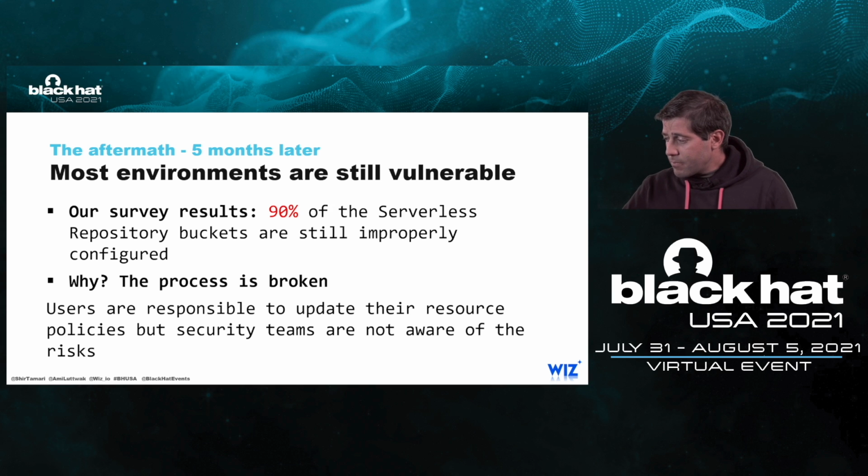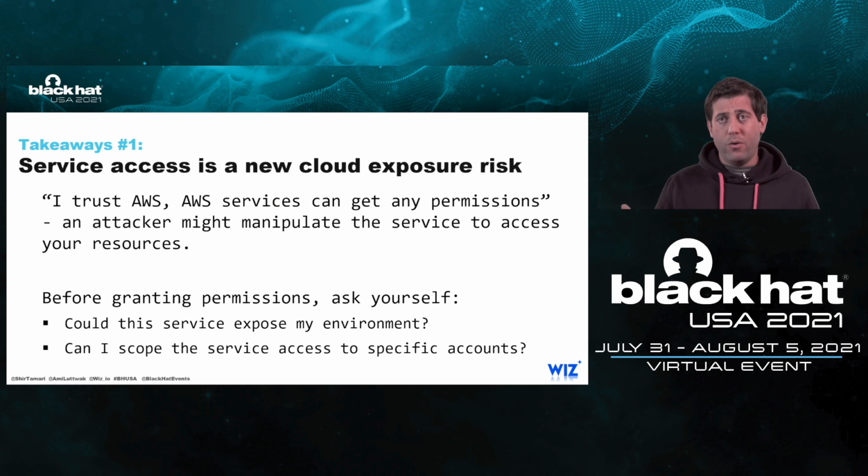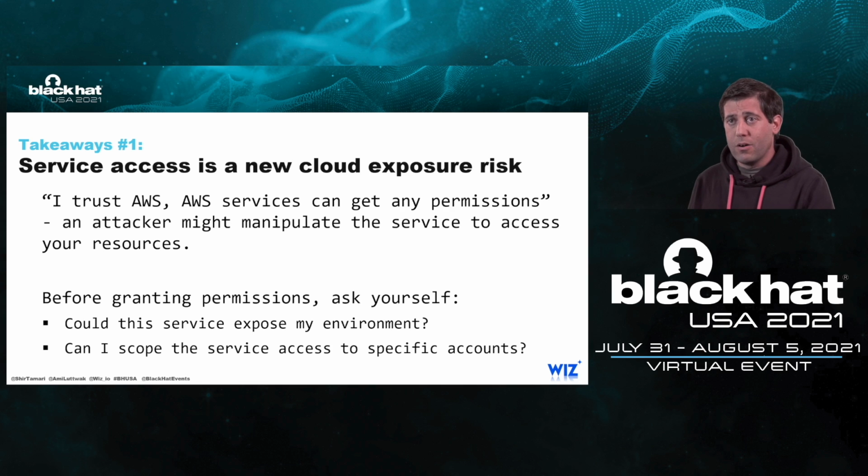So we had two main takeaways. The first takeaway related to the research that we've done on cross-service access is that service access is a new type of cloud exposure risk. Whenever we give access to a service, until now I thought it's okay, I trust AWS, so I trust AWS services, so I can give them any access that they want.